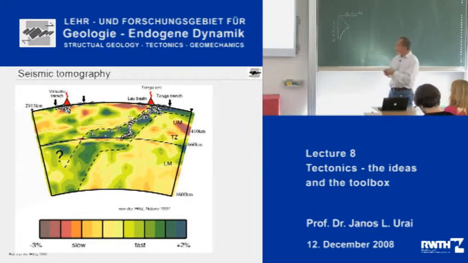So what you see here is a model of about 600 kilometers by 200 kilometers deep, the upper part of the Earth, and the color is the temperature. And what you see here is the boundary between something rather cold and something rather warm, maybe the boundary between a continent and the ocean.